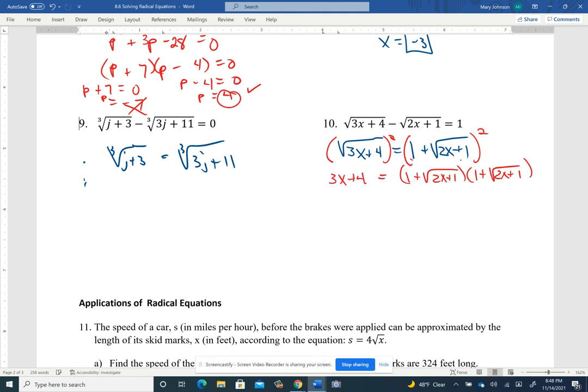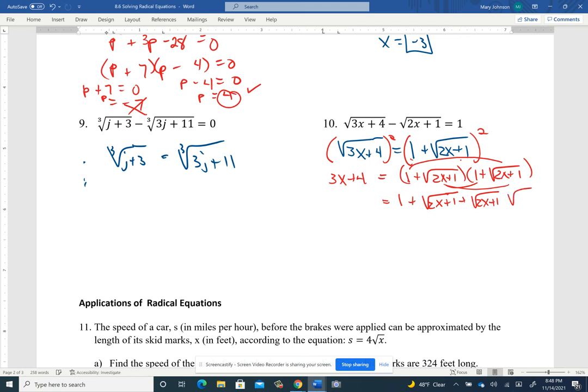Then I'm going to FOIL the right-hand side, and I'm going to get a 1. And then I'm going to get plus square root of 2x plus 1. It's got a 1 in front of it, like 1 times the square root of 2x plus 1, and then another 1 times the square root of 2x plus 1. And then when I do the square root of 2x plus 1 times itself, that's going to be the square root of 2x plus 1 squared.